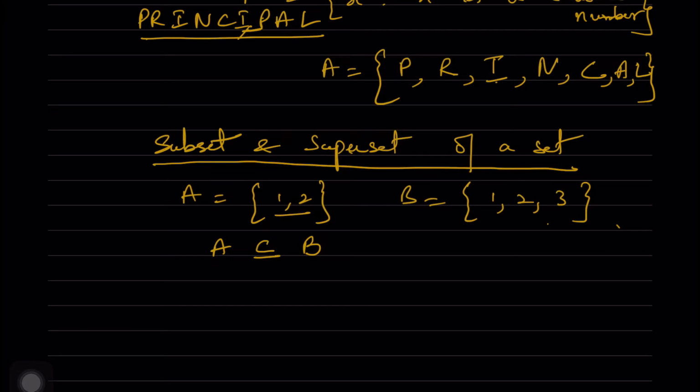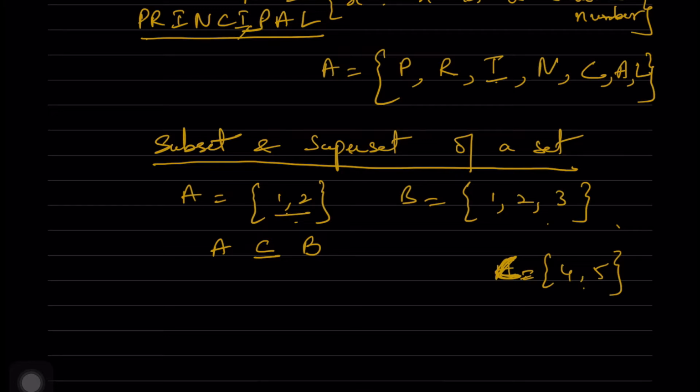But because it is less than, having one element less than it, and they are also equal to it, isn't it? So therefore, suppose I'm taking one more set C is equal to {4, 5}. I cannot tell that this {4, 5} is a subset of B. I can tell only A is a subset of B because these elements are there, and it is less than these three elements also.